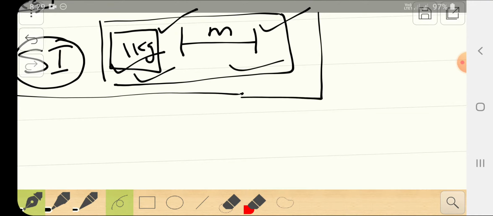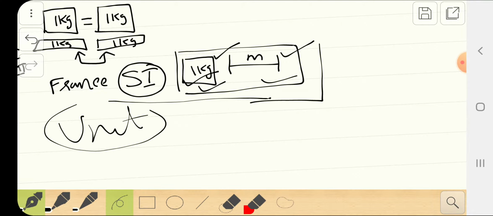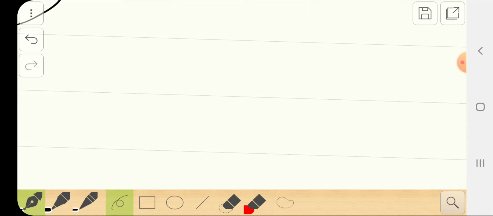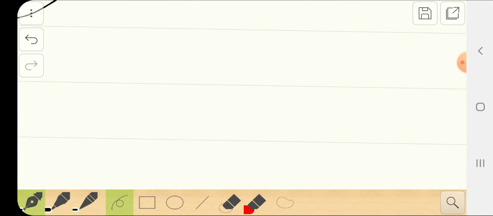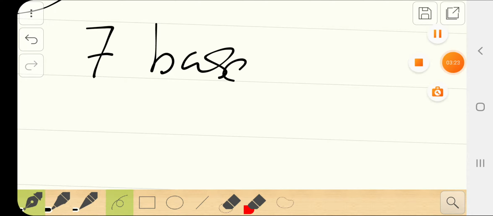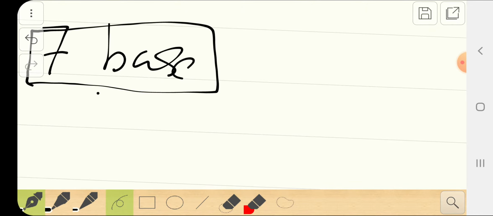In the SI unit system, there is a system of units comprising units for everything. You have 7 base units, and these 7 base units form the fundamental basis of everything in our universe.